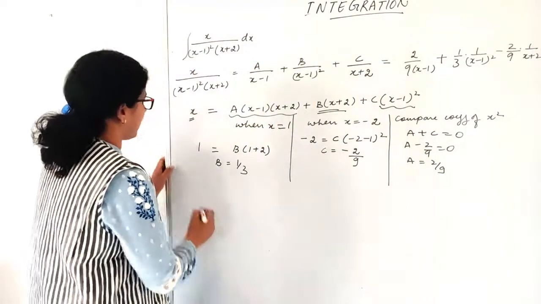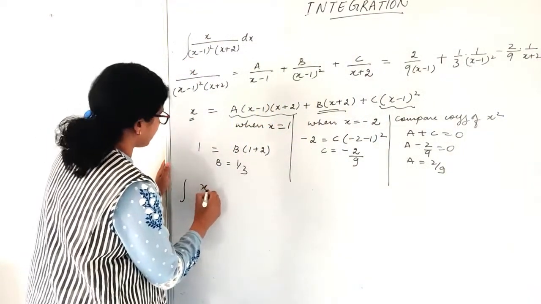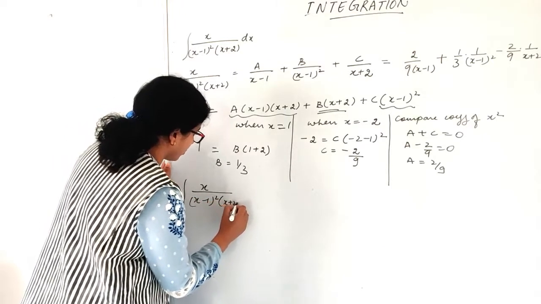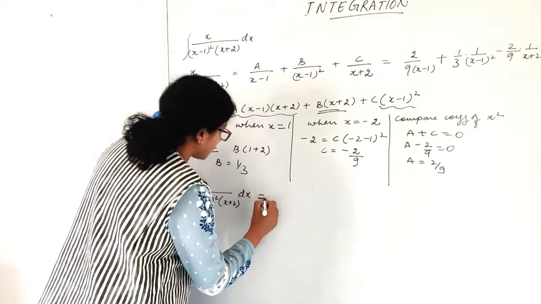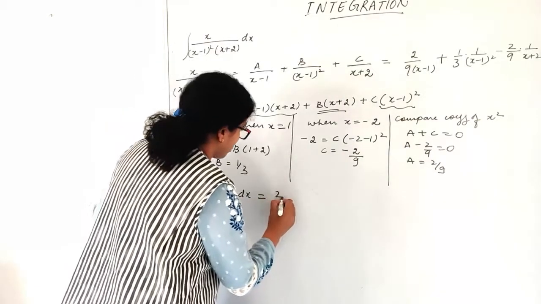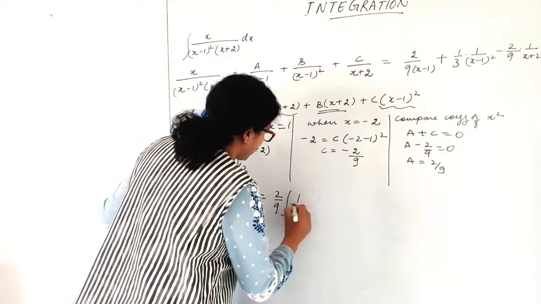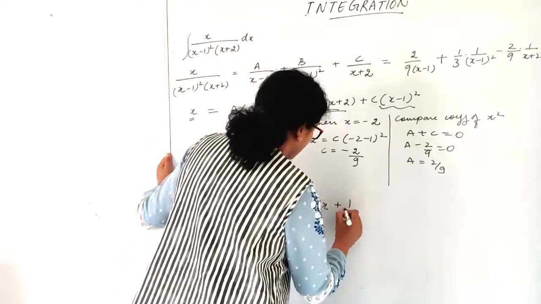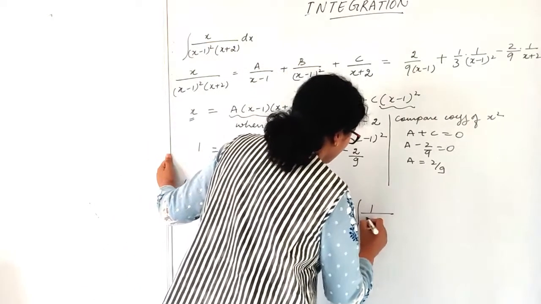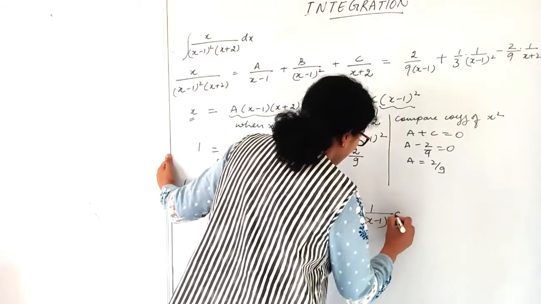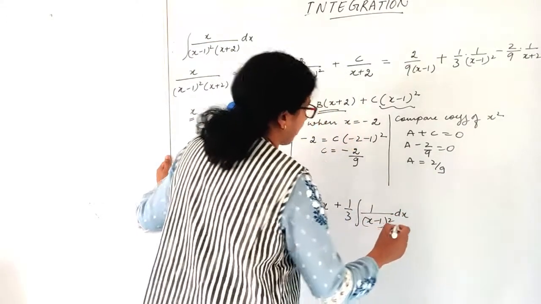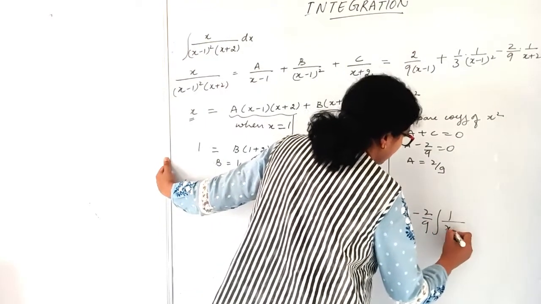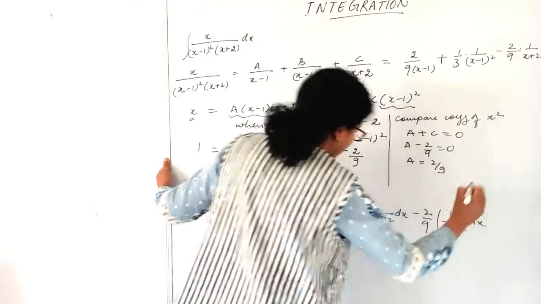Now I can write my integral of x upon (x minus 1) whole square times (x plus 2) dx equals 2 by 9 integration 1 upon x minus 1 dx, plus 1 by 3 integration 1 upon (x minus 1) whole square dx, minus 2 by 9 integration 1 upon x plus 2 dx.